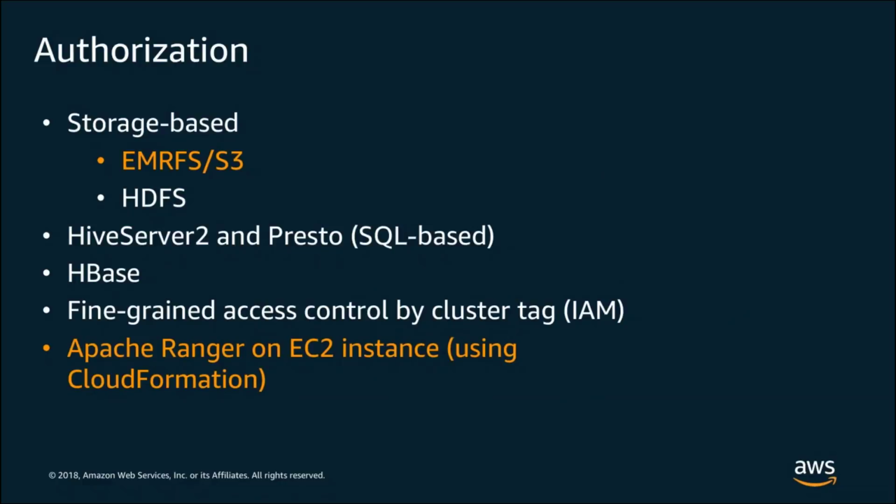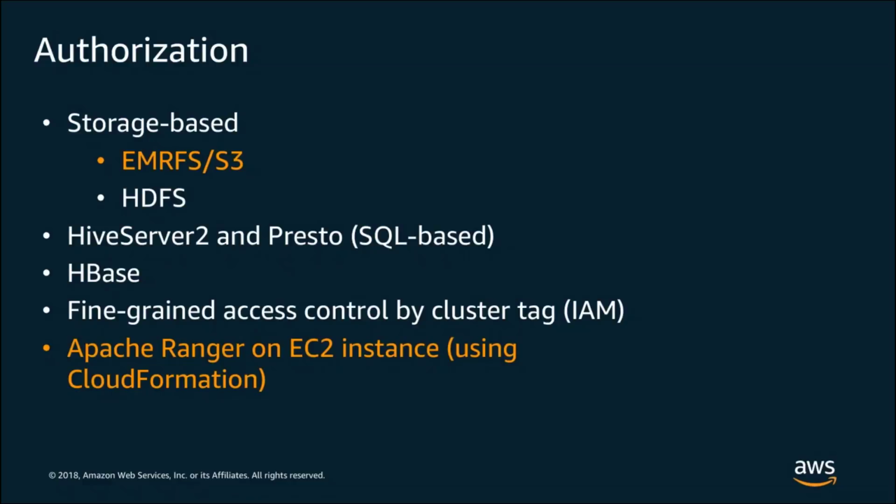So once the users are authenticated, it is imperative to think about what data assets they are authorized to use. Again, there are a number of mechanisms within Amazon EMR to authorize access to the data assets. For example, in the storage world, you could use ACLs on HDFS or EMRFS for storage authorization for your data assets on S3.